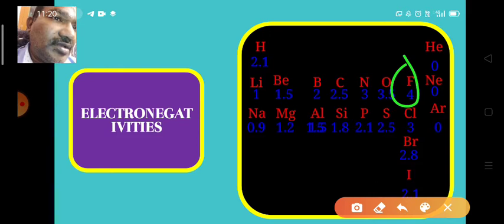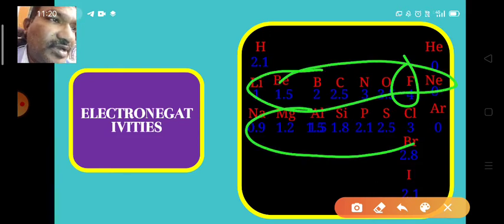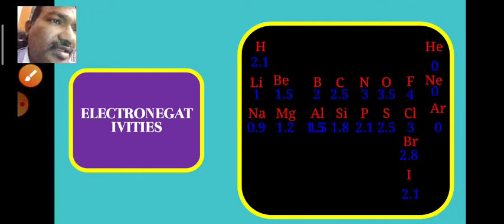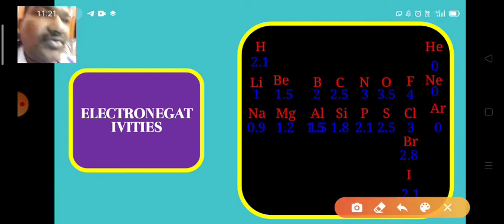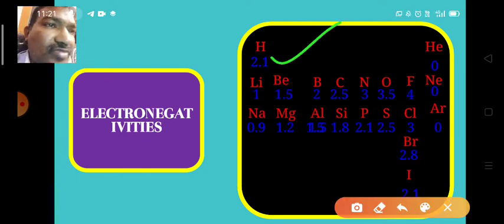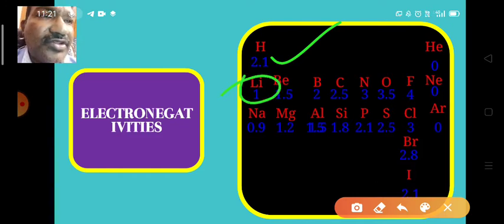And here these are the second period elements, and these are the third period elements. Electronegativity of hydrogen is 2.1, and there is a simple relation to remember the electronegativity of the second period elements. Look here, lithium electronegativity is 1, beryllium electronegativity is 1.5.